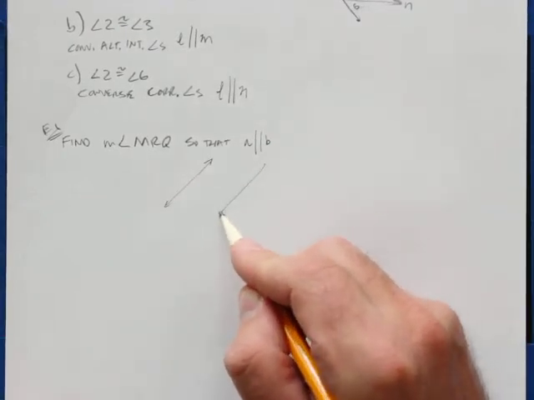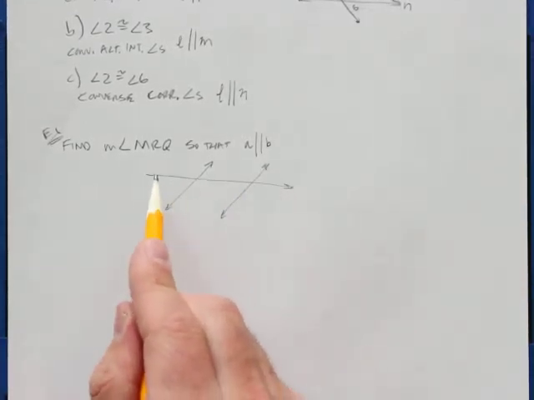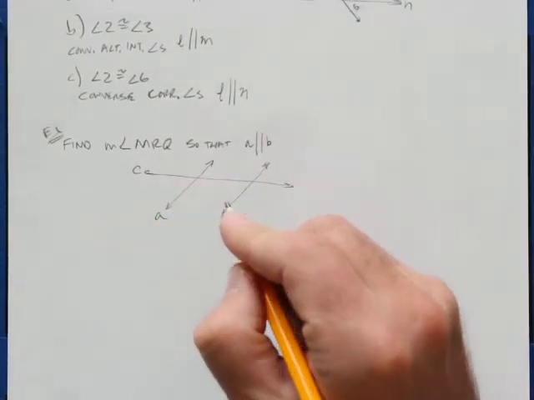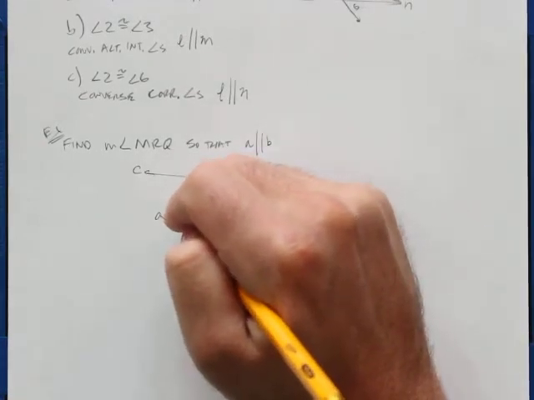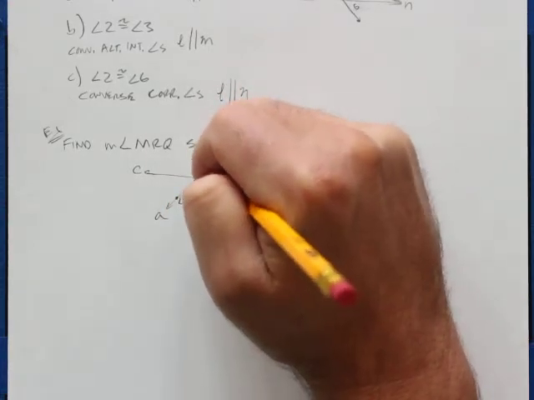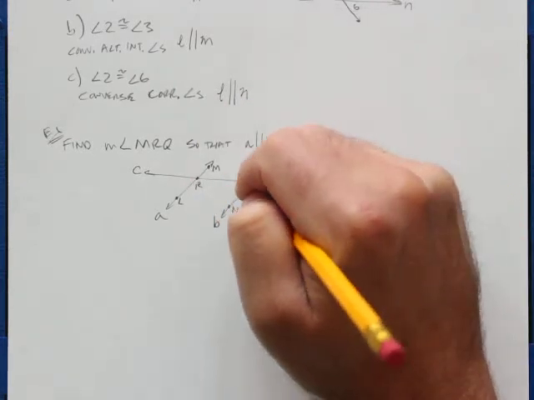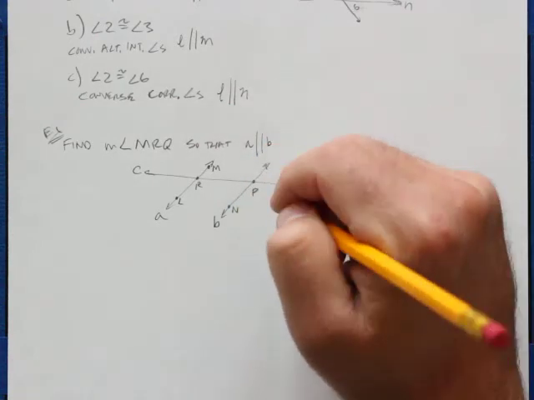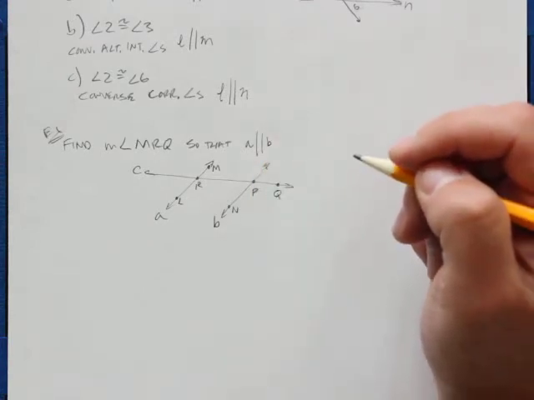I've got two lines that look like they're parallel to one another, and I've got another line that goes through there, and that is called the transversal, which is C. Line A is this one here on the left, line B is this one on the right, and then I've got a point here that is L, R, and then M, and then on line B I've got N and P, and then over here on the right of line C is point Q, and I believe that's all of the points.